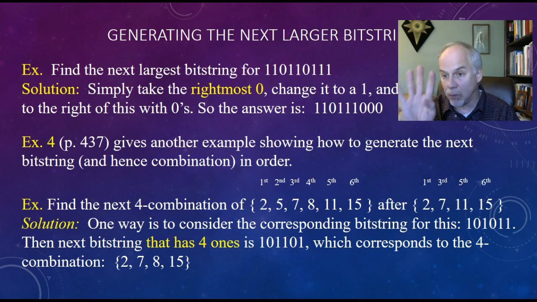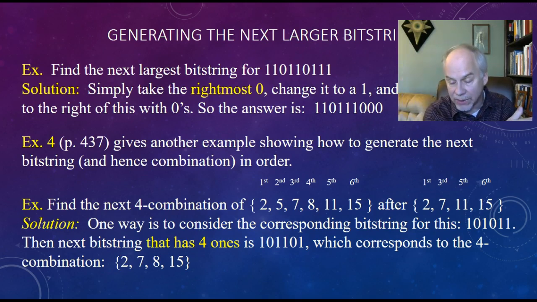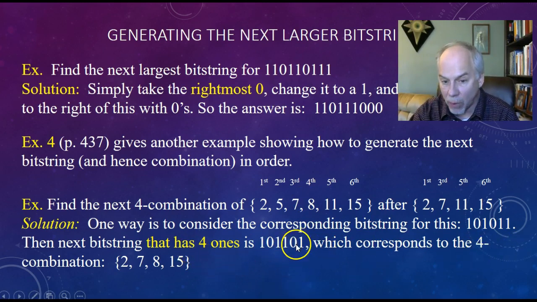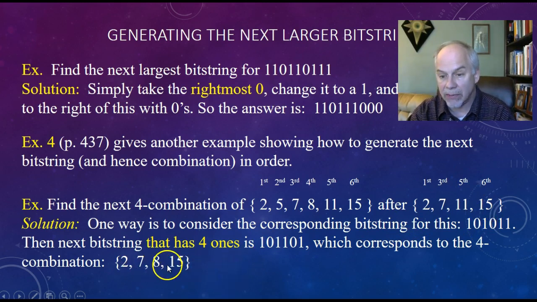So you can't say change that to a 1 and then make everything else a 0. You just change that to a 1 and then you put another 1 in. It has to have 4 1s. So 2, 7, 8. You change the 11 basically to an 8, and then the 15. So 2, 7, 8, 15 is the next 4 combination for that set.